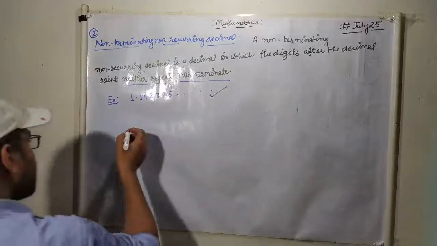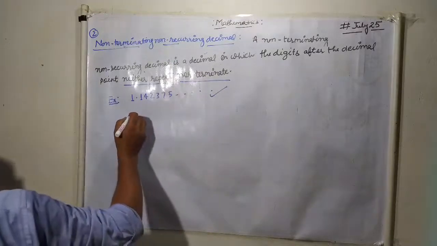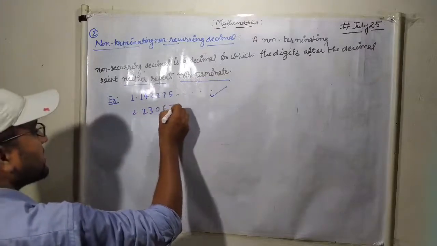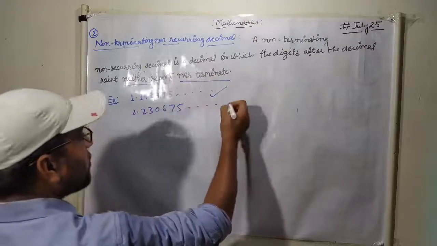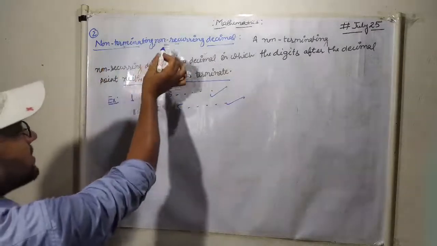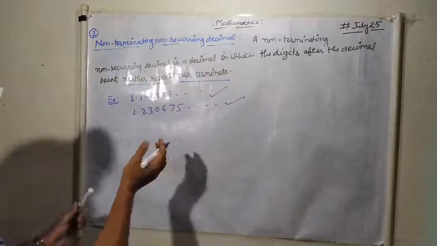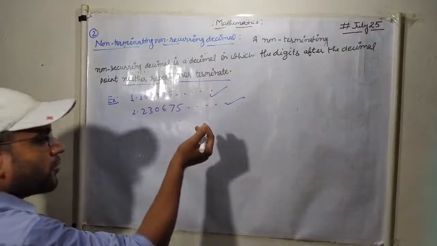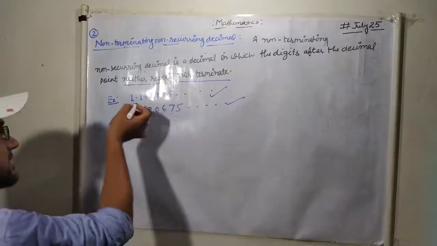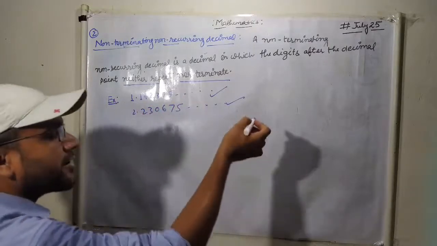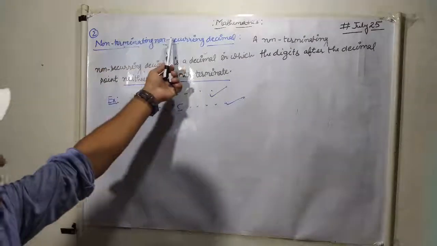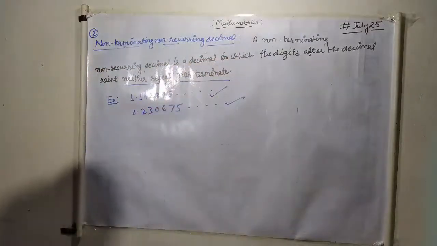One more example, you will take this one: 2.230675 and so on. It is non-terminating and non-recurring, meaning it does not repeat after 1 digit, 2 digits or 3 digits, and it is endlessly moving to the right side of the decimal point. So, a non-terminating, non-recurring decimal.